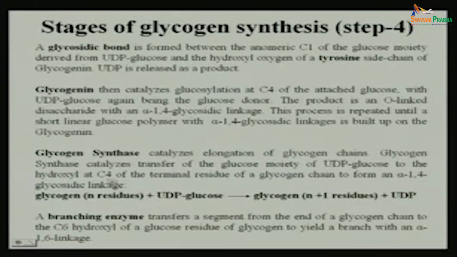The glucose moieties are transferred to the hydroxyl C4 of the terminal residue of the glycogen chain to form alpha 1,4 glycosidic linkages. The branching enzyme transfers a segment from the end of the glycogen chain to the 6-hydroxyl group of a glucose residue.